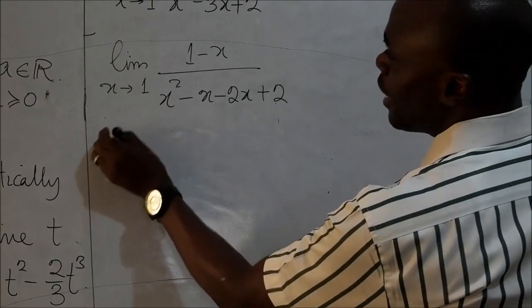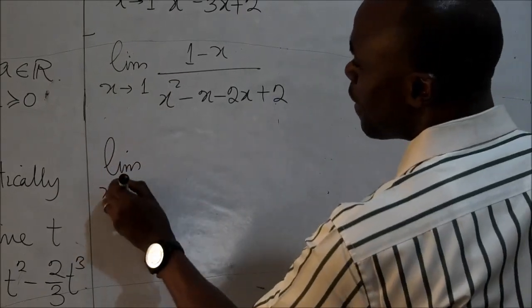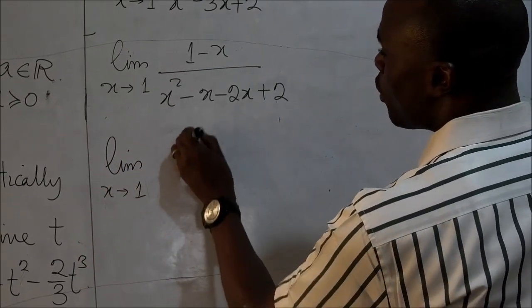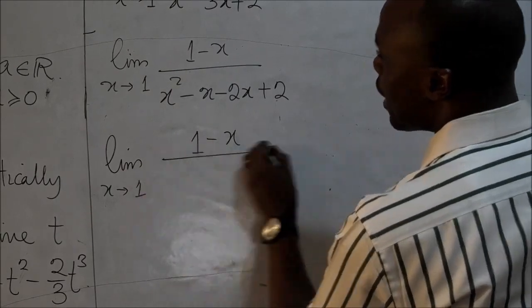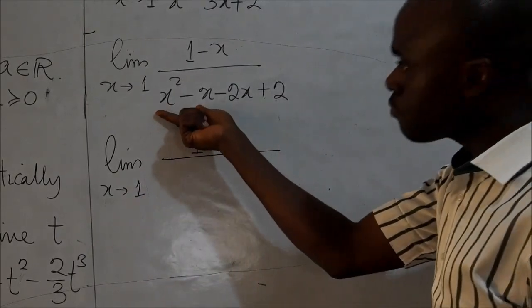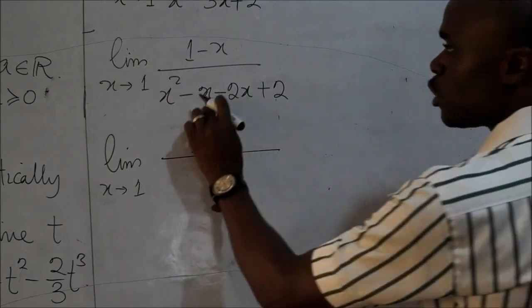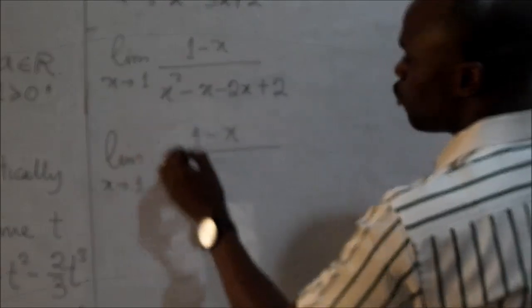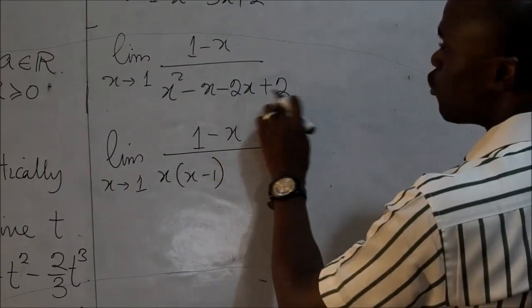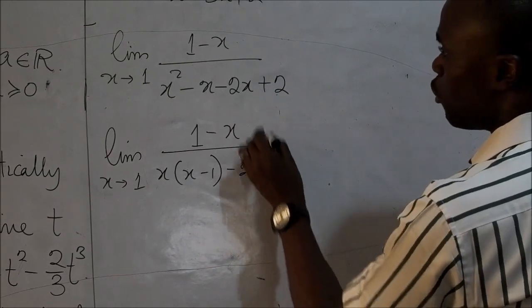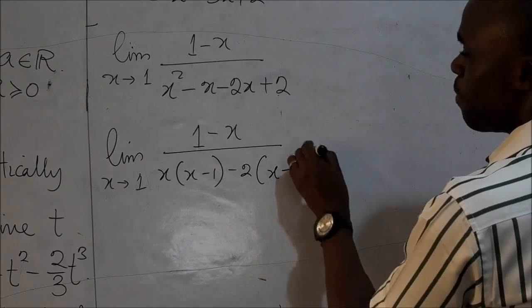So this can be factorized to give us 1 minus x divided by, I'll factorize this. What is common here is x, and you are going to have x minus 1. What is common here is minus 2, and you're going to have also x minus 1.